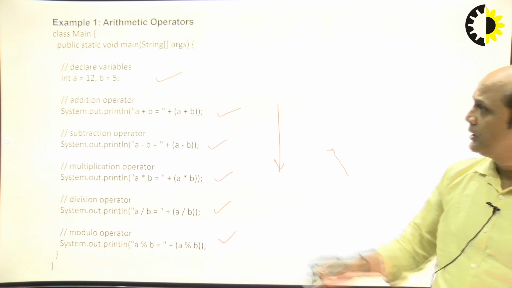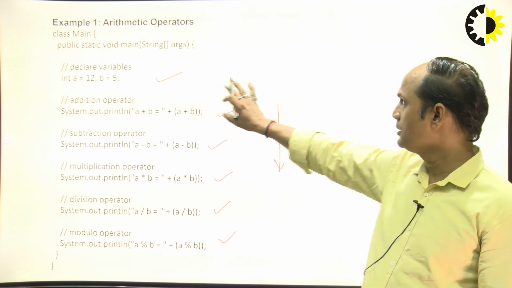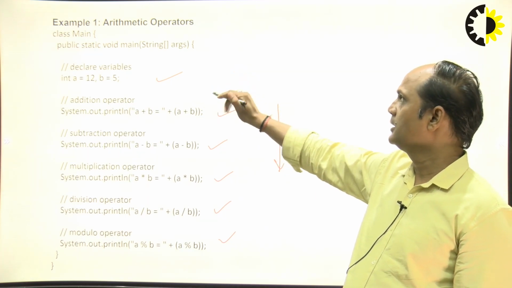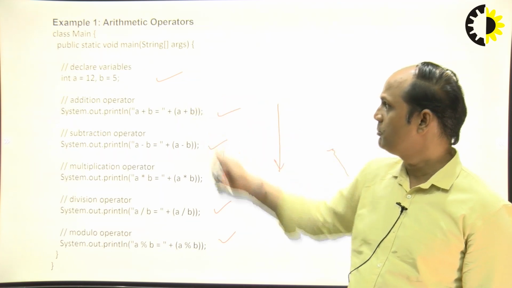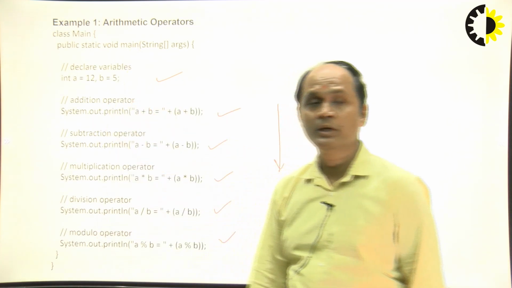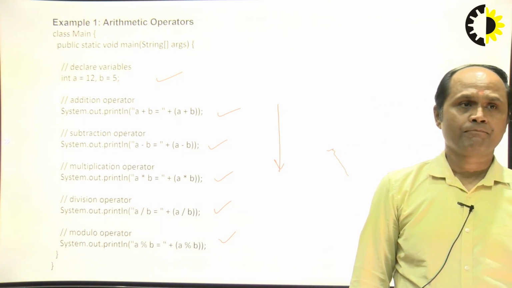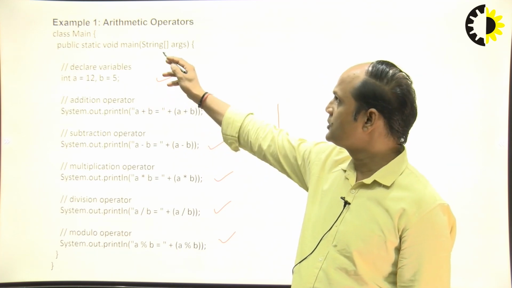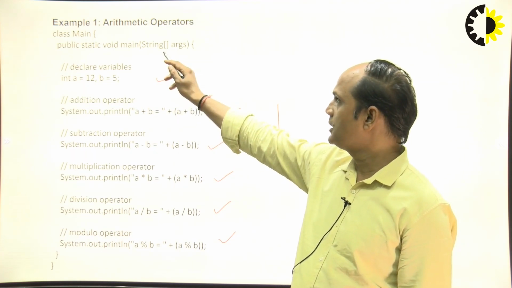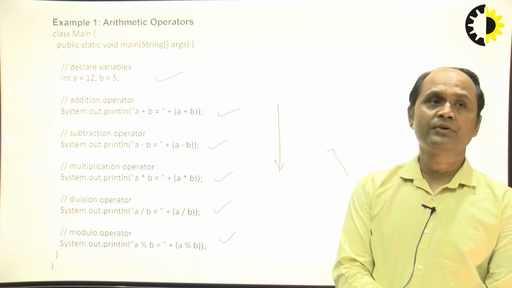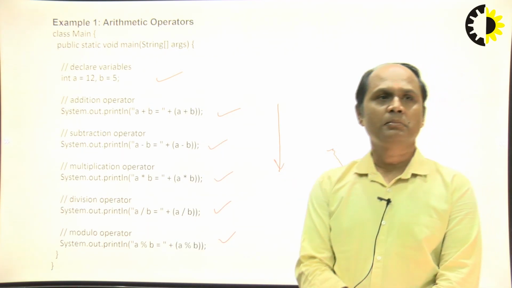Suppose we have an arithmetic operator example in the class Main, public static void main and String args, and we pass the numbers as integers. How can they be converted to strings? We pass these numbers to String args, and String args converts them, so the integer numbers are passed as strings in a particular Java program.